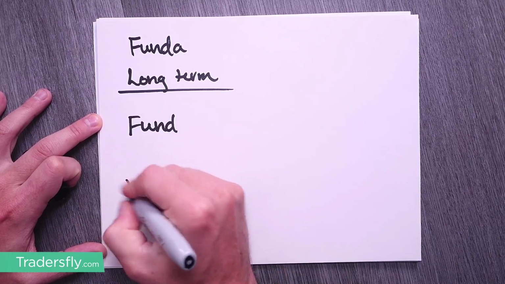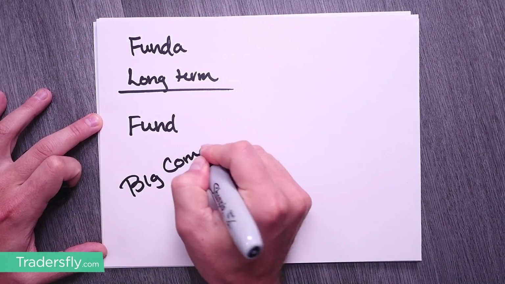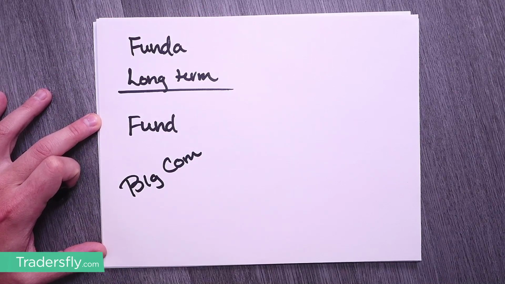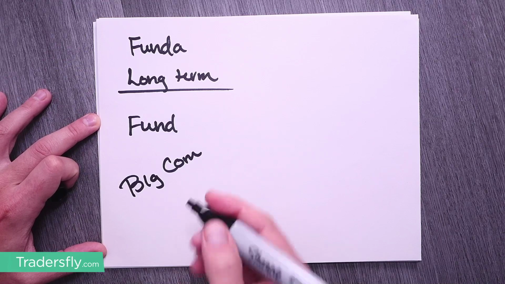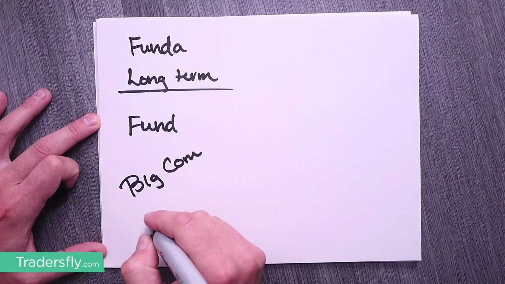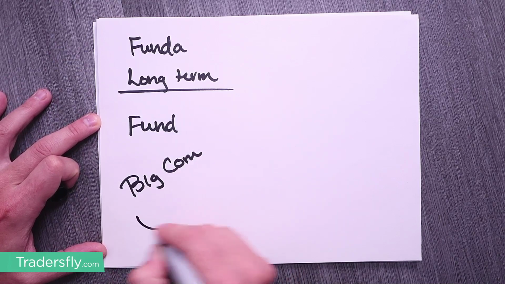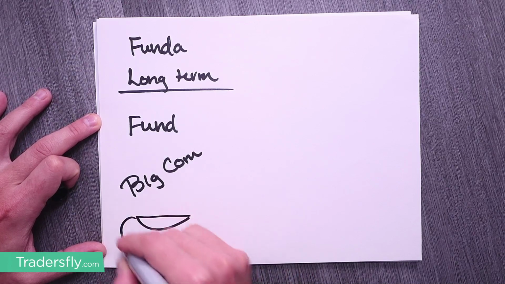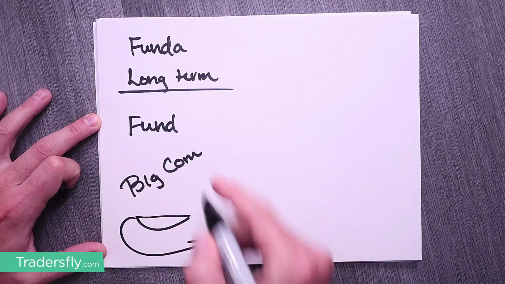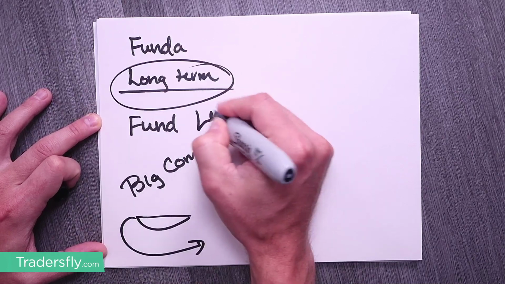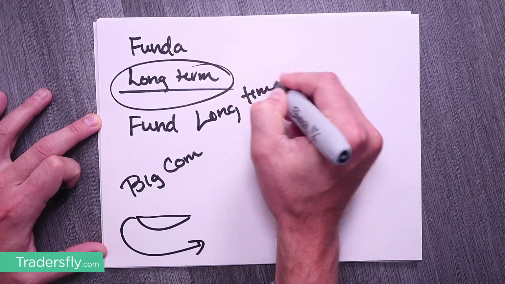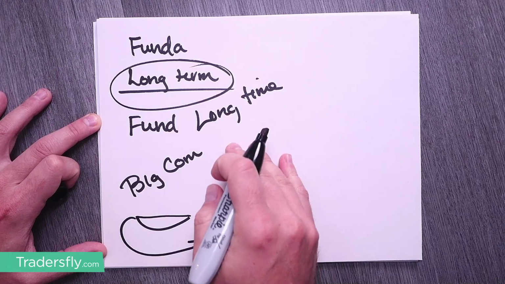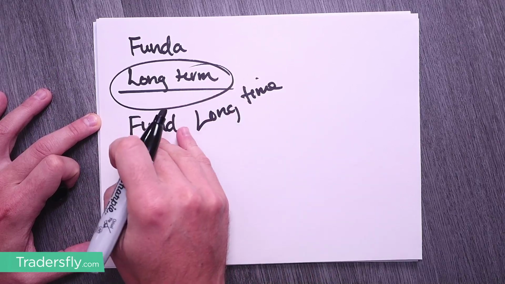Because when you're dealing with big companies, even just redoing a website sometimes takes a handful of weeks or months, depending on how large the company is. For a big ship to turn around and go in the other direction takes a very long time. And that's why long-term investing takes into account the fundamental data.